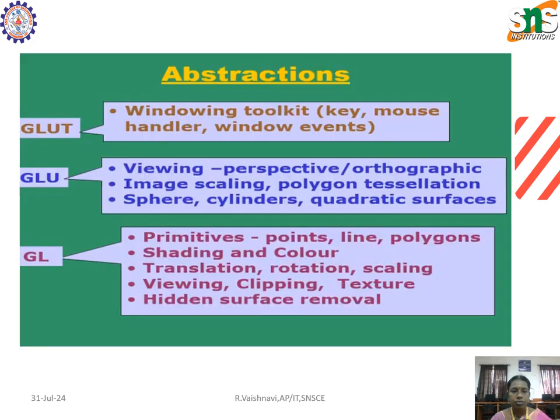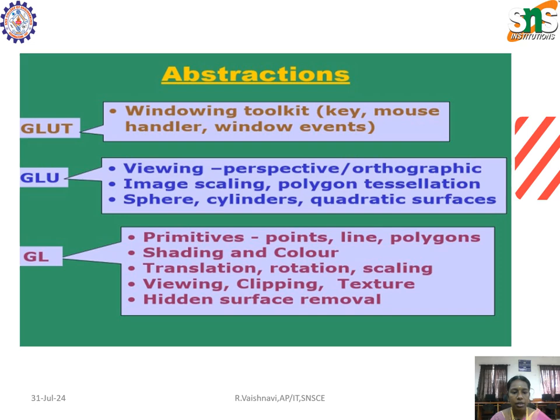Next one, abstractions. GLUT, that is the Graphic Library Utility Toolkit. Here we have the windowing toolkit, that is key, mouse handler, and window events. Followed by this we have GLU, that is Graphic Library Utility, which has viewing, that is perspective or orthographic, image scaling, polygon tessellations, and then spheres, cylinders, and quadratic surfaces.